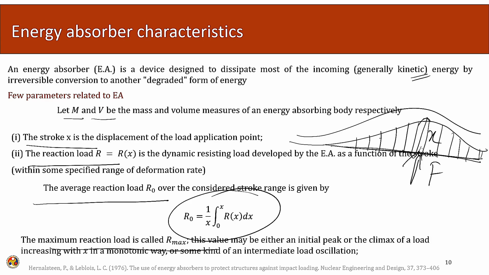We defined the stroke, the displacement at the load application point; the reaction load, the dynamic resistance developed by the energy absorber; the average reaction load, the load considered over the total area, averaged out by the stroke. R max is the maximum reaction load.